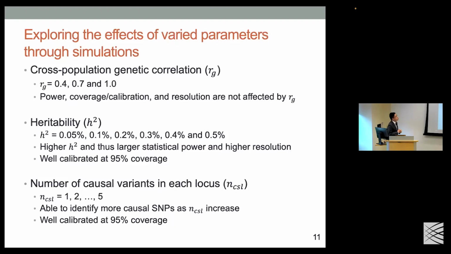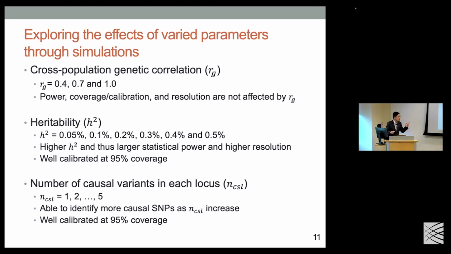We also explore the effects of different simulation parameters. As you asked about genetic correlations, we set three different values: 0.4, 0.7, with 0.7 as our standard setting, and also exactly 1 for genetic effects. The power, coverage, and resolution are not affected by genetic correlation across populations, since we allow the effect size to be different across populations. So this will not affect our model.